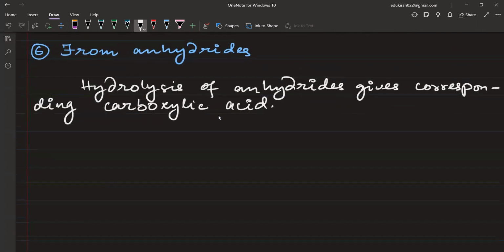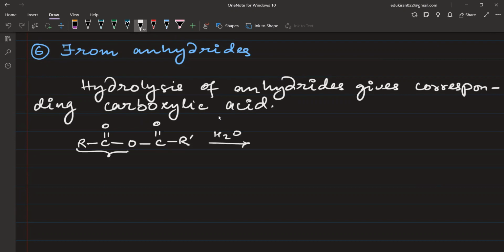So what is an anhydride? Anhydride has a general structure in which you have R, which has a C double bond O. The C double bond O is connected to oxygen. Further, it is connected to C double bond O and some other R dash or same R dash. Once you add H2O, you will get RCOOH and R dash COOH.